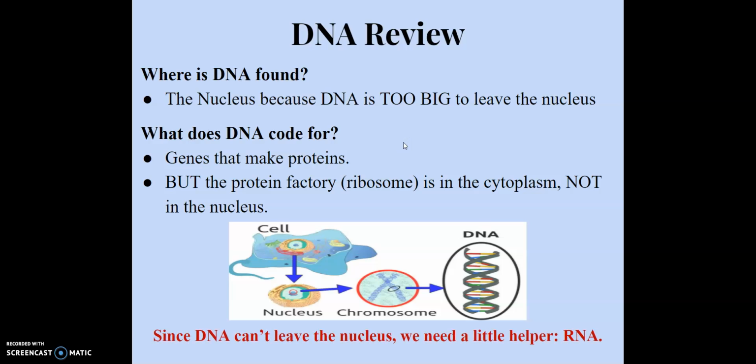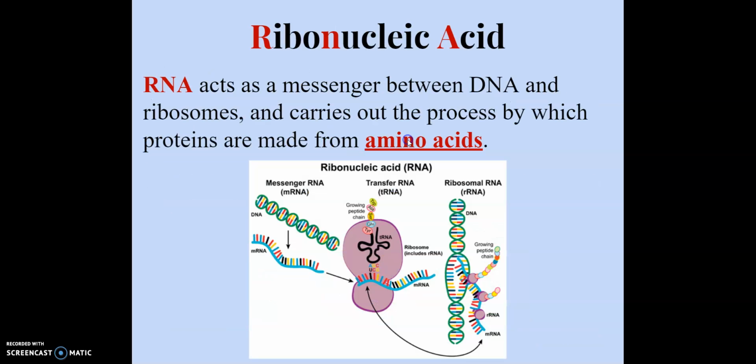Since DNA can't leave the nucleus, we're going to need a little helper, and that little helper is going to be RNA. What is RNA? RNA is ribonucleic acid. RNA acts as a messenger between DNA and ribosomes, and it carries out the process by which proteins are made from amino acids.